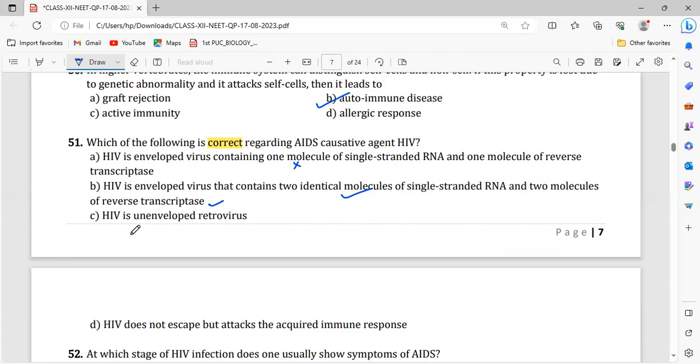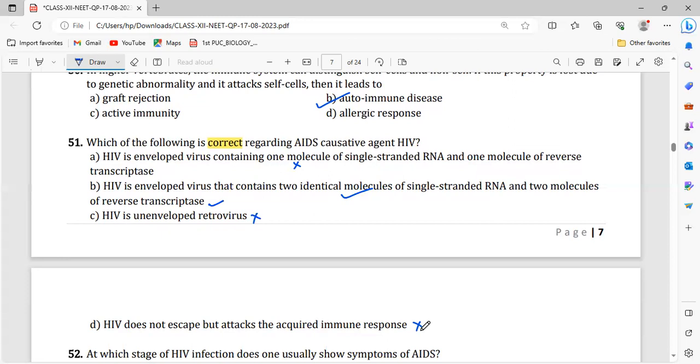And C, HIV is unenveloped. So it is enveloped by a protein coat. Next, HIV does not escape but attacks the acquired immune response. No, it will not attack. It will escape the immune system. So it will directly go and attack my macrophages.